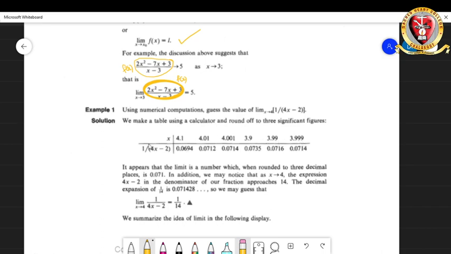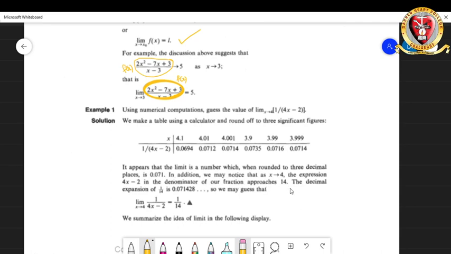Using your scientific calculator, you can calculate 1 divided by 4 into 4.1 minus 2 to be 0.0694, and calculate each of them to get all these values. When we look closely at the values we get for the function, you can see that the function is moving close to 0.071.